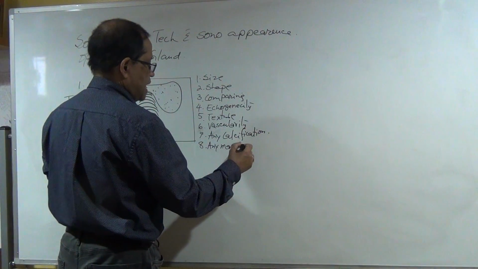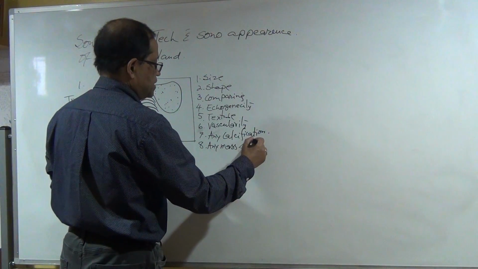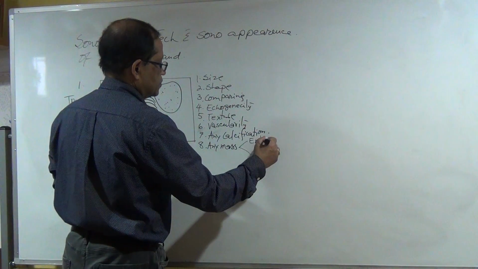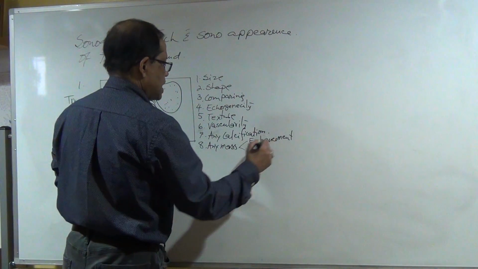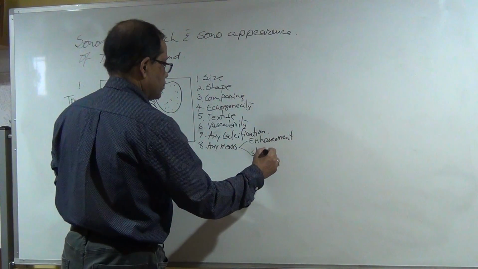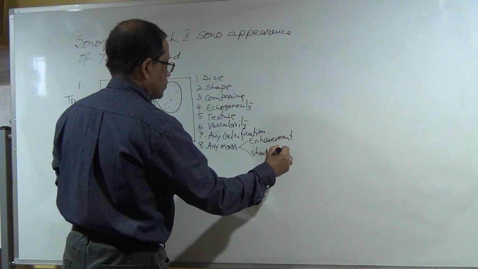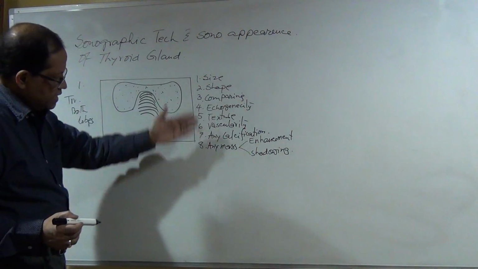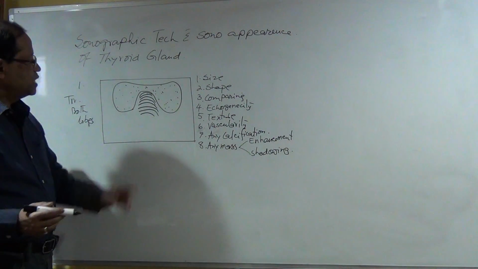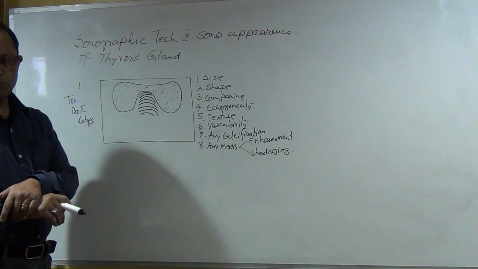The mass can have enhancement and shadowing. Okay, so these are the things we need to see in order to compare both lobes.